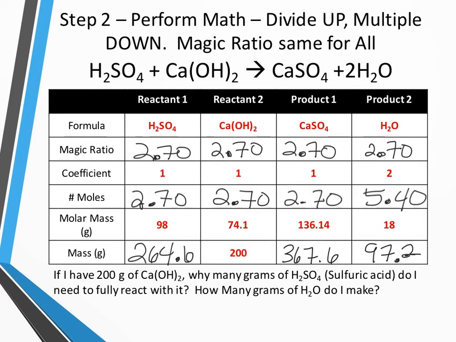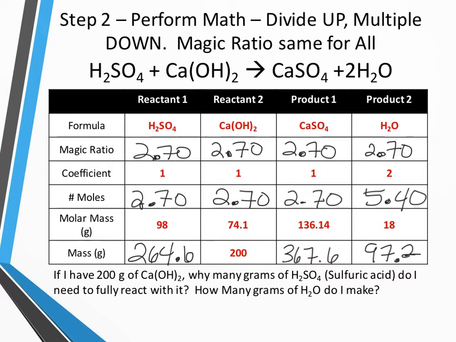So there you go. Now we have all the boxes filled in. All we did again is once we found the information in this box complete, we used the magic ratio, which was the same for everything, and then we can multiply down to get the remaining information.